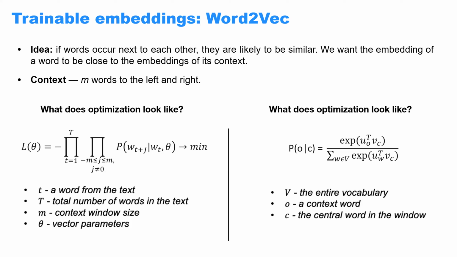Capital V on the right-hand side is the entire vocabulary, and we take a small w from this entire vocabulary. Do you mean a word or a vector? We take all the words, then we pick a vector from the lookup table.